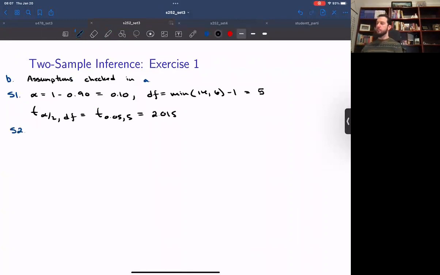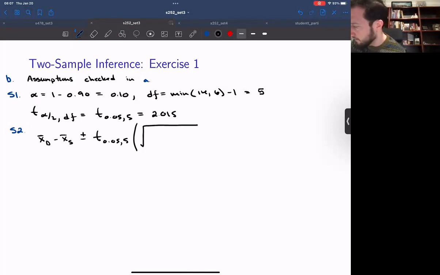Okay, so on the second step, we can actually compute the interval. So we'll have X bar dynamic minus X bar static, plus or minus our T value multiplied by the square root of S dynamic squared divided by the sample size for the dynamic, plus S static squared divided by the sample size for the static. All right.